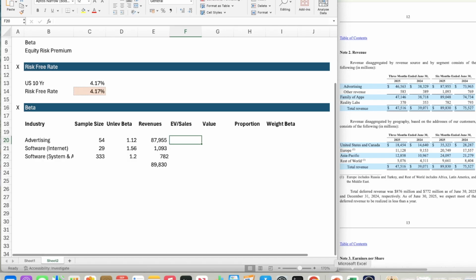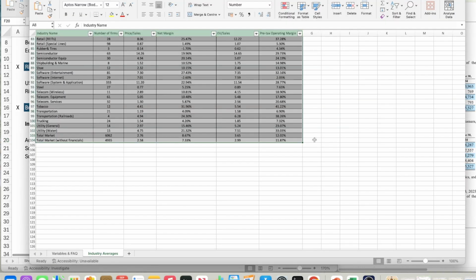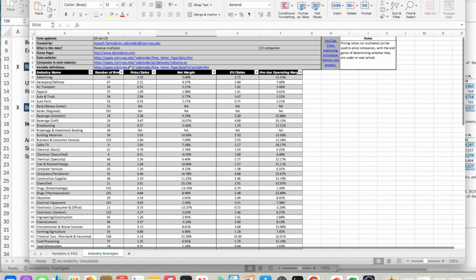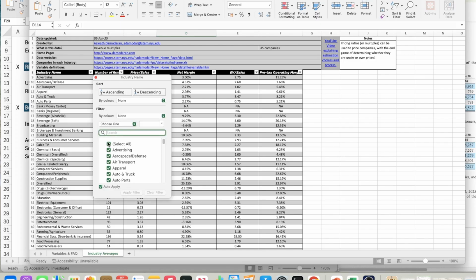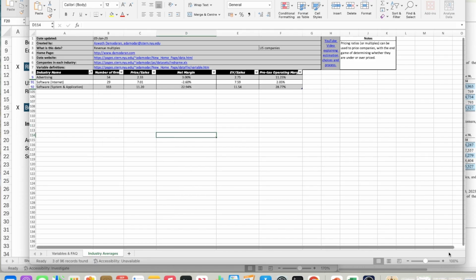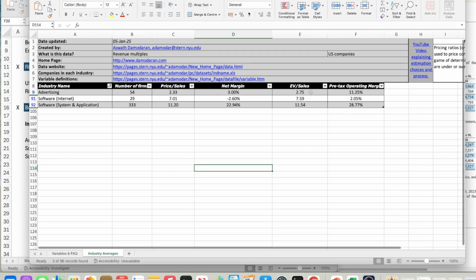EV to sales. We need our price to sales spreadsheet, and we'll just filter out what we need, and then I'll zoom in. Select all, we want advertising, we want the two software as well. There we go. This is what we want.